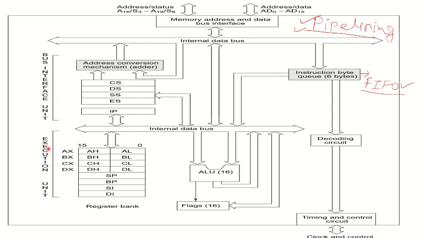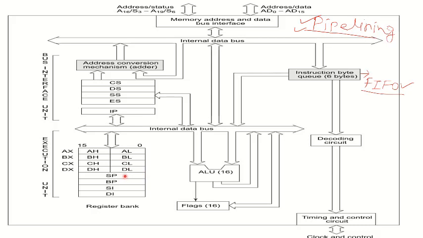The EU also contains some control circuitry to perform various internal operations, and here we have the general purpose registers: AX, BX, CX, DX. We already studied these in detail in the last class.